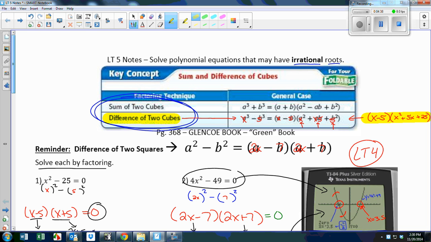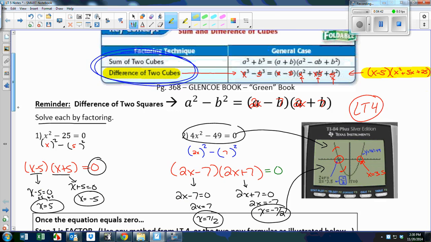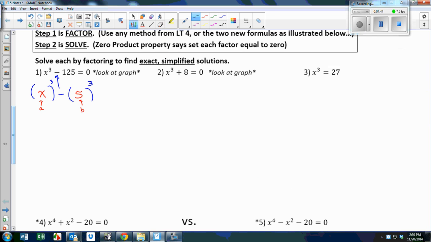The rest that we're going to cover today is all old material. So we'll use that factored version down here. X cubed minus 125 factors to x minus 5 times x squared plus 5x plus 25. And it's important to remember that this is still an equation. It still equals 0.